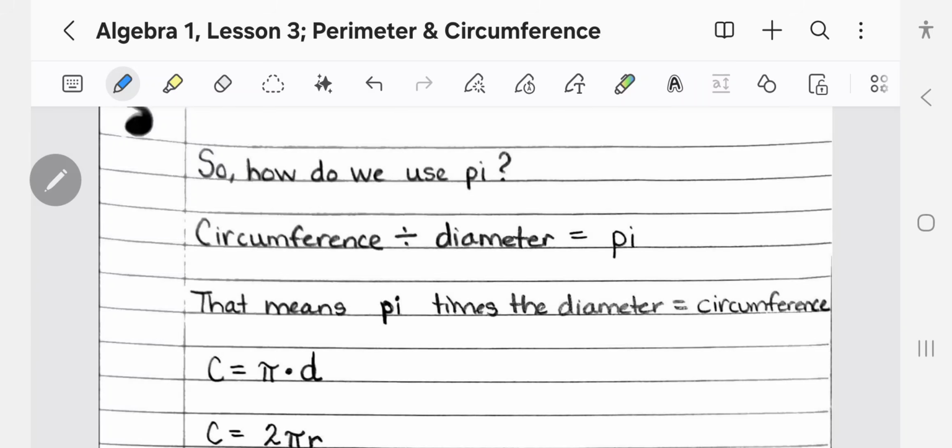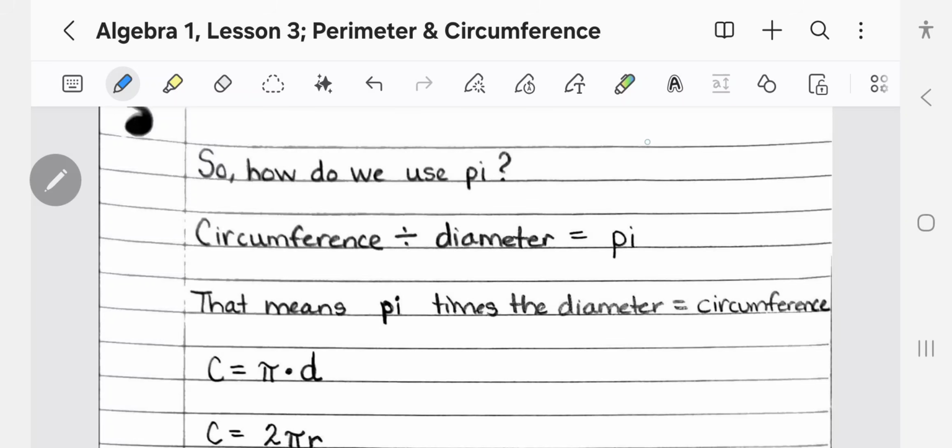So how do we use pi? Well, we've said that the diameter times pi, or that little more than 3 number, gives us the circumference. So that means circumference divided by the diameter is equal to pi, okay? So that means then that pi times the diameter will give us the circumference, okay? Remember how multiplication and division are reciprocal operations?